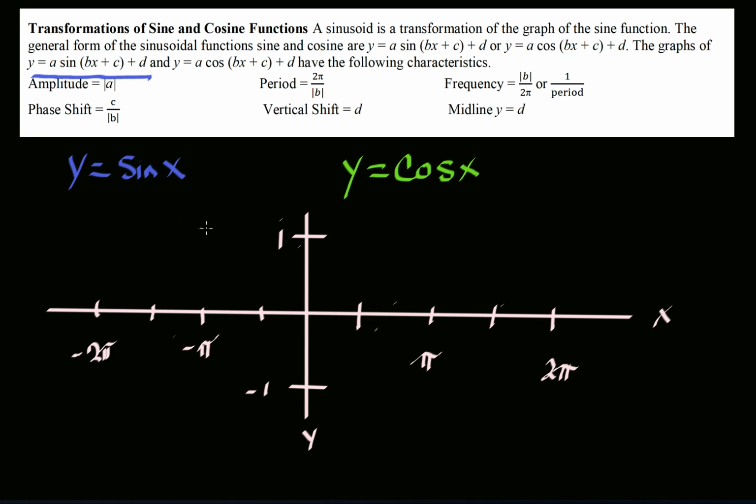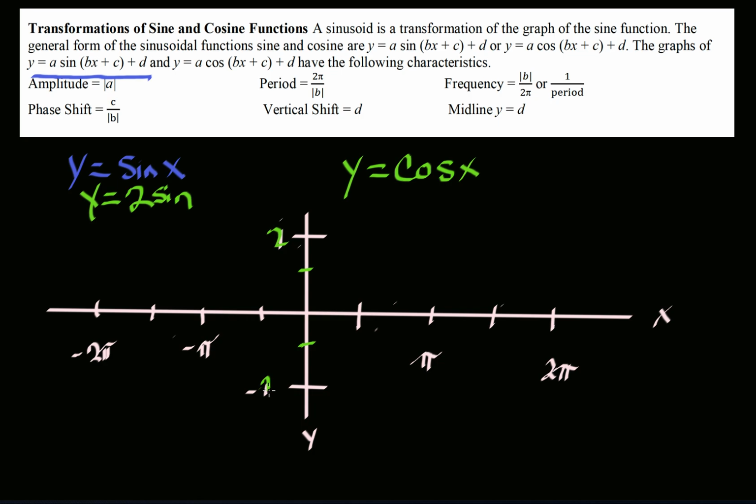If the amplitude is changed, say it's y equals 2 sine x, well, that just means that instead of going up 1, it's going up 2.